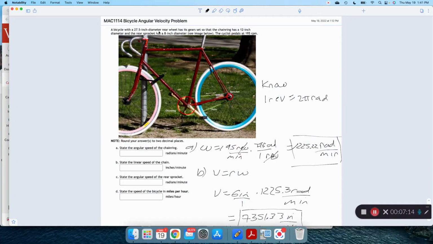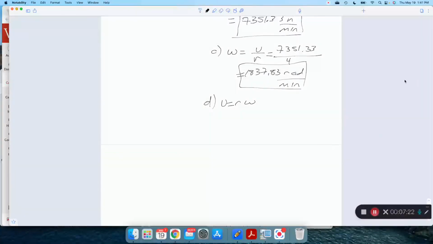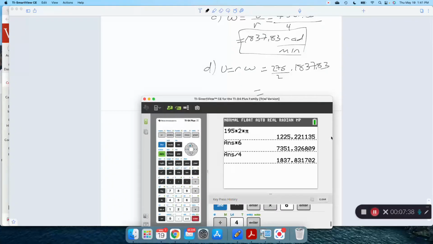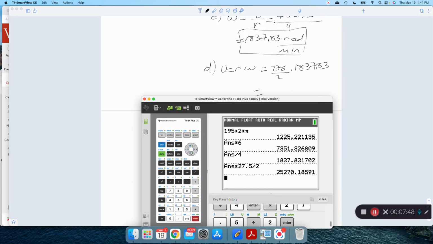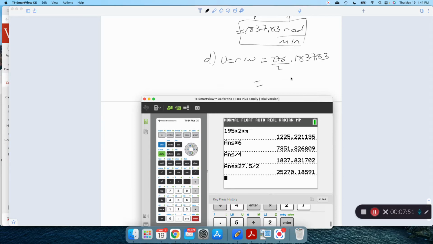That's the diameter, so I'm going to have to cut that in half. So I'm going to have diameter times omega divided by 2. So 27.5 over 2 times that last number. And again, I can just type this in my calculator. So I'm going to take that last number times 27.5 divided by 2. 25,270.19.